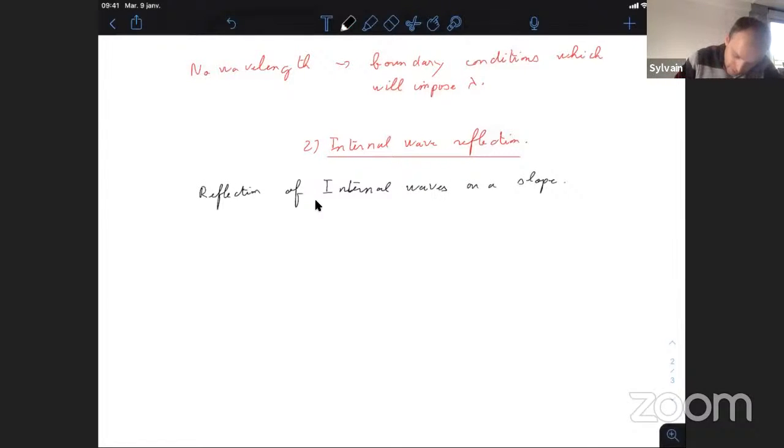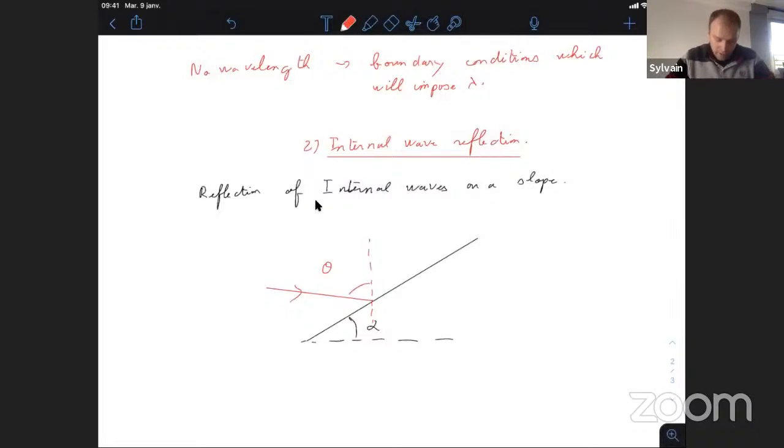So when you have an internal wave on a slope with an angle alpha, you have a wave that's coming in with an angle theta with the vertical, which is fixed by the dispersion relation.